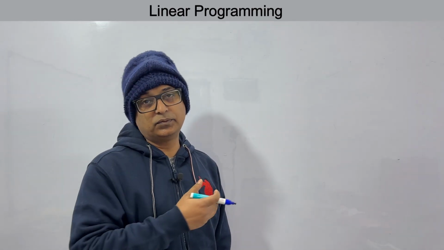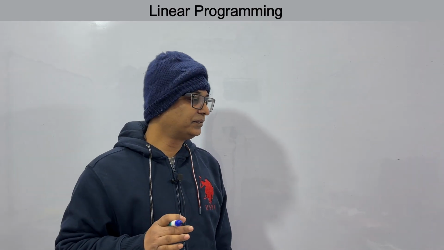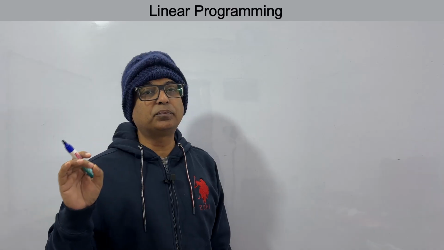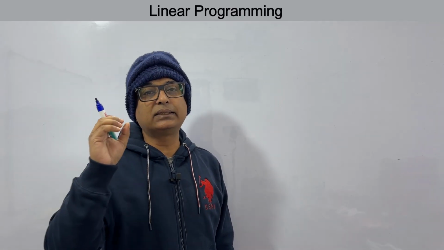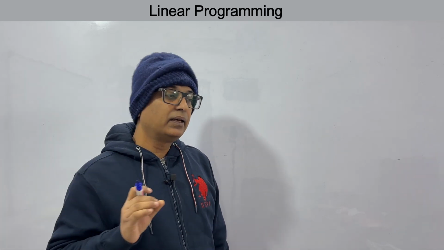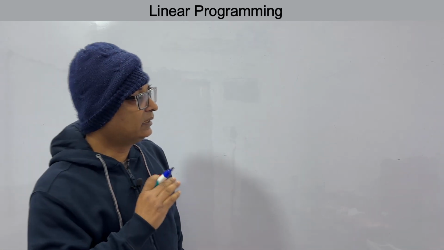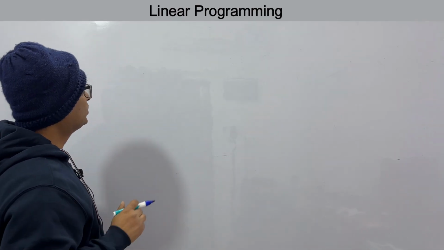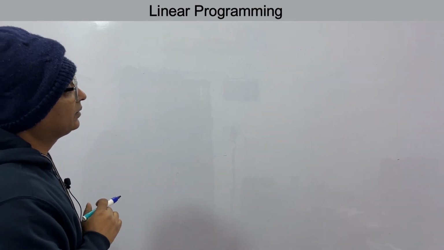So we seek to optimize certain parameter. Linear programming is one important type of such class. Non-linear programming is also there, but right now we are looking into linear programming. So let's start with this example only.